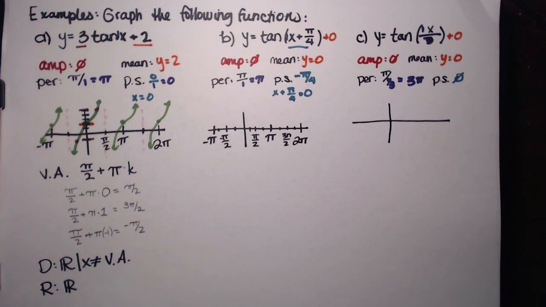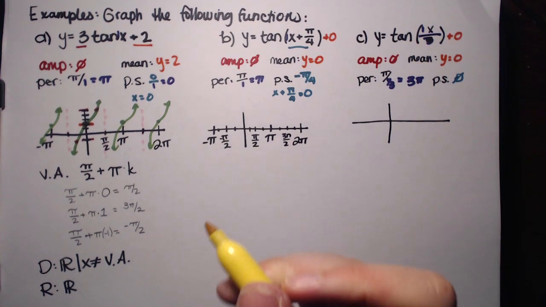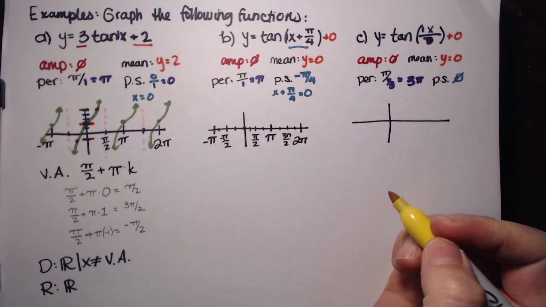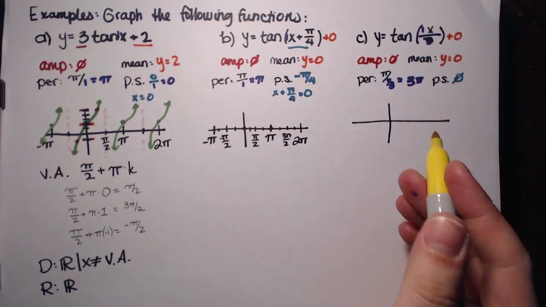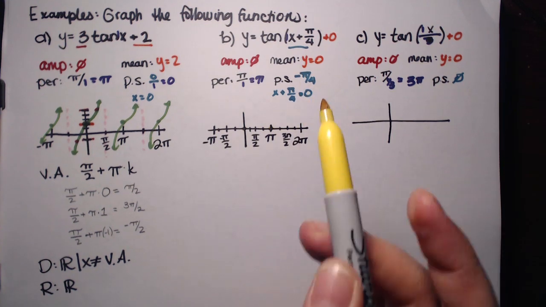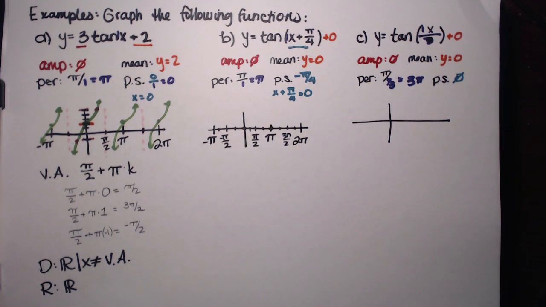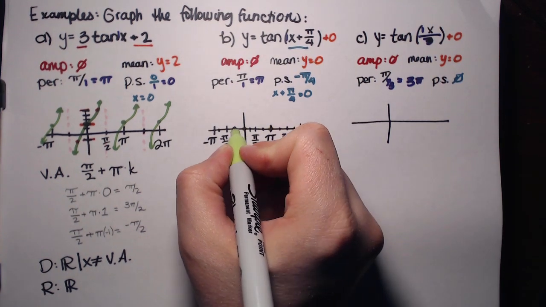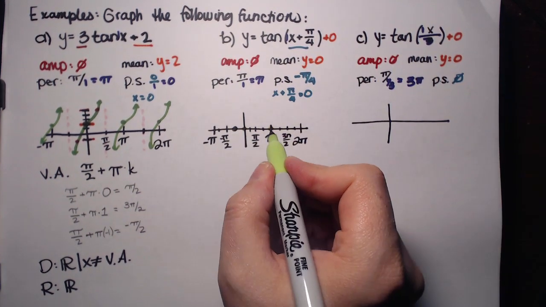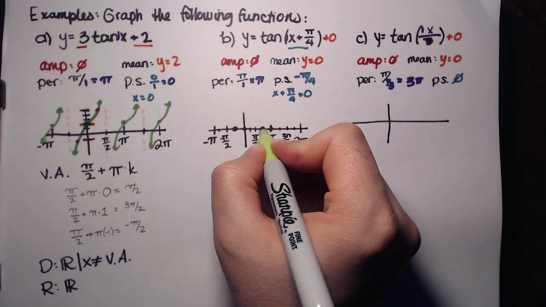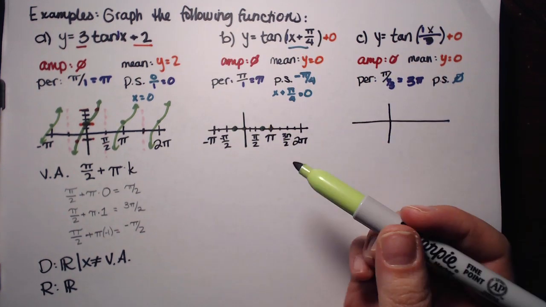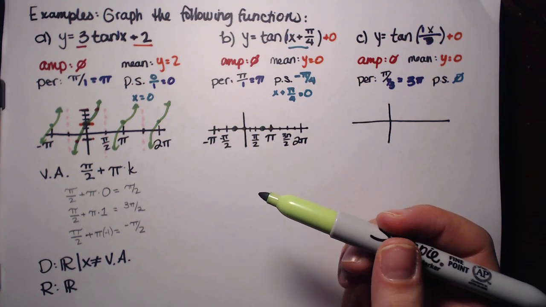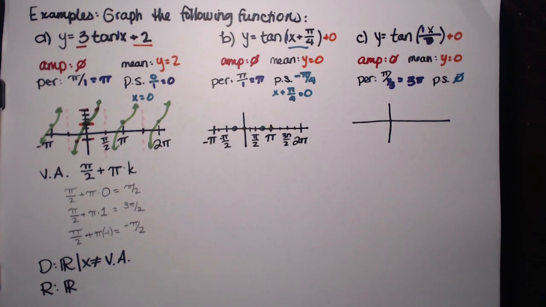Okay, so tangent starts at 0 and at the period is back at 0. Except we need to move this back pi fourths. So instead of at 0, it's at negative pi fourths. Instead of pi, it's at 3 pi fourths. Okay, and then halfway between that is where we have an asymptote.